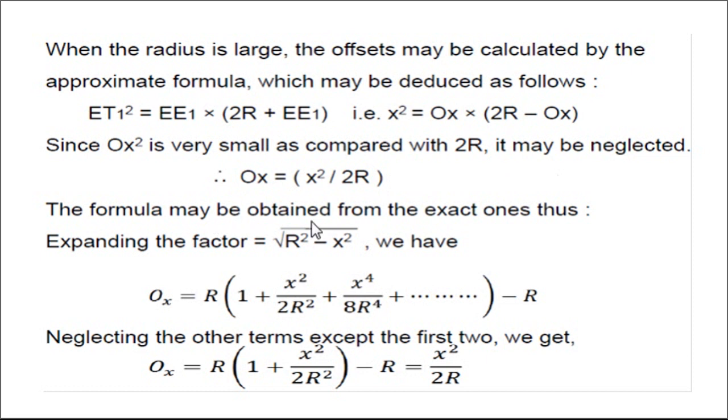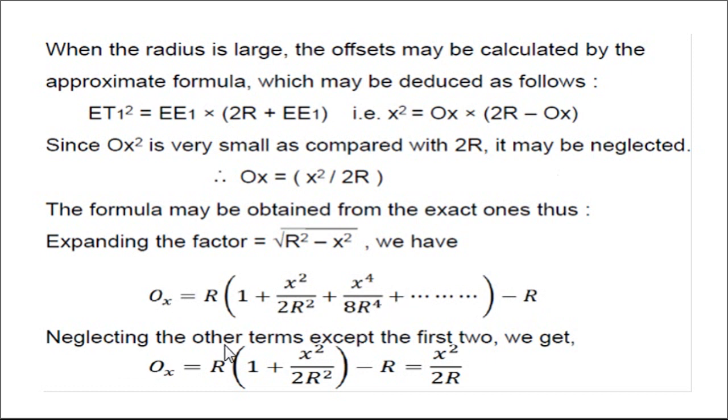This formula may be obtained from the exact one. Thus, expanding the factor root of R squared minus x squared, we get OX is equal to R into (1 plus x squared upon 2R squared plus x raised to 4 upon 8R raised to 4 plus so on) minus R. So the binomial theorem we have to use, and by that binomial theorem we have to expand this.